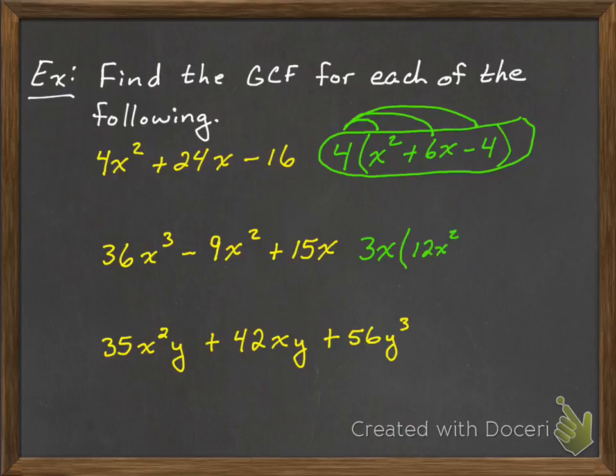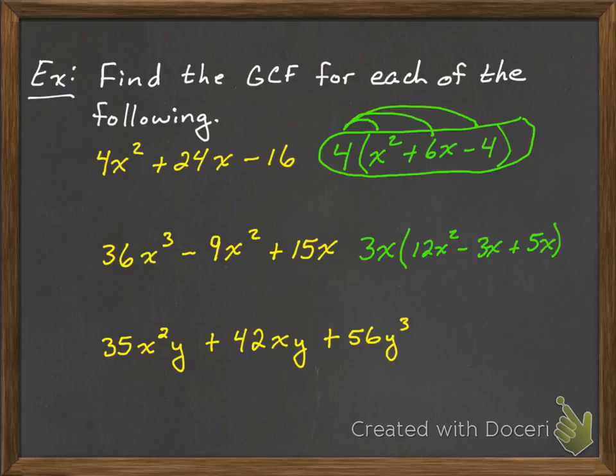And that's because 3 multiplied by the 12 will give you the 36, and then x times the x squared will give you the x cubed. All right, so now we have minus 3x, because 3x times 3x is 9x squared, and then a plus 5x.